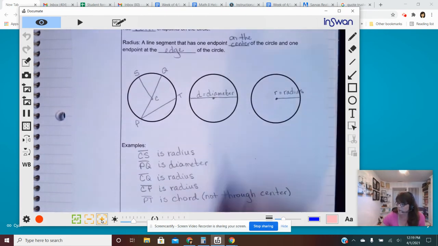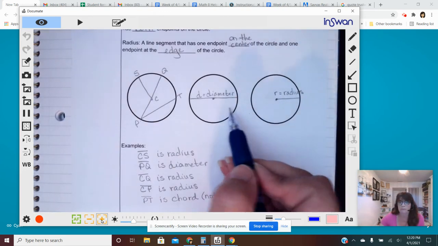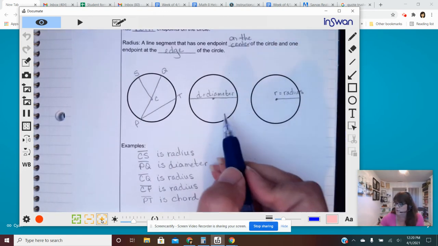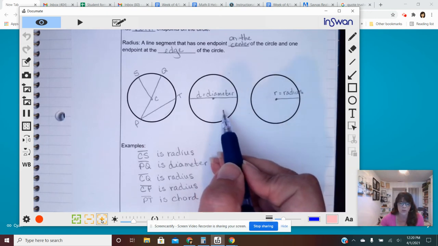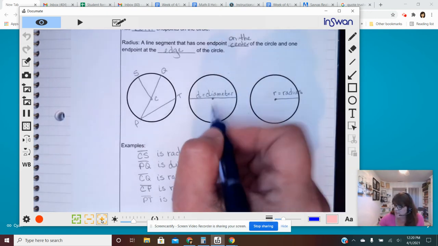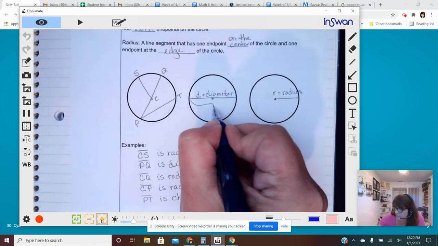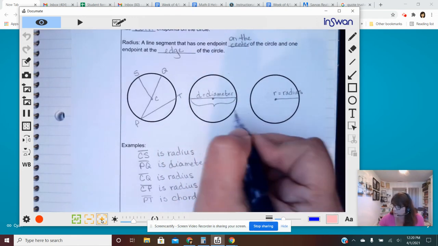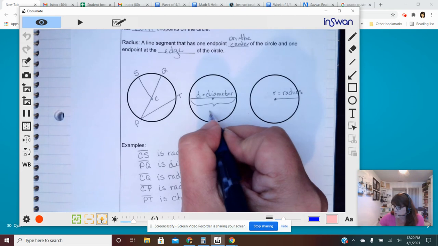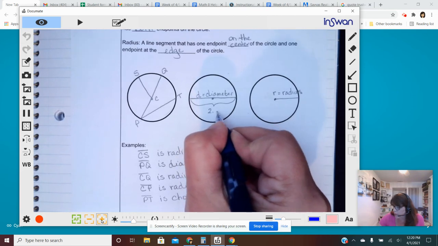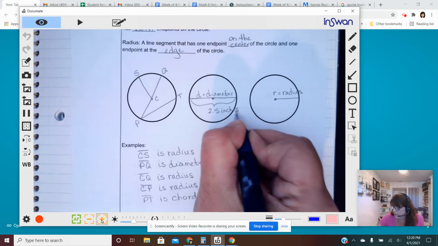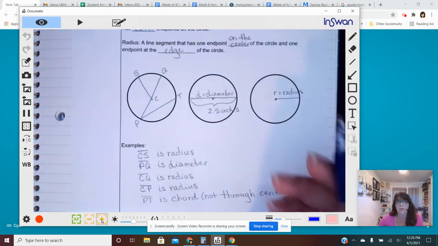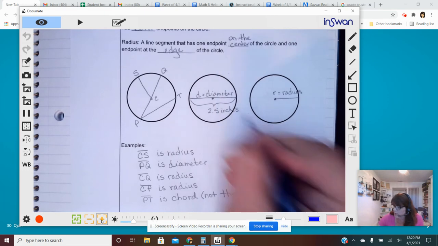So now let's look at this. We're going to assume for our purposes that these are the same size circles. Visually, they are. If this diameter is 2.5 inches, I don't think it's quite that big, but we'll go with it. Okay.